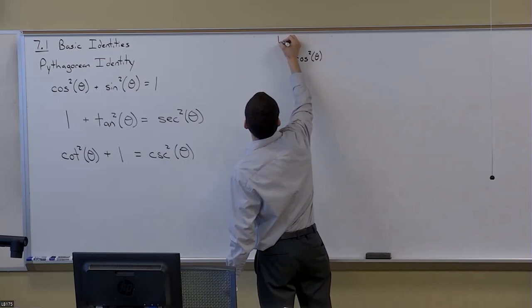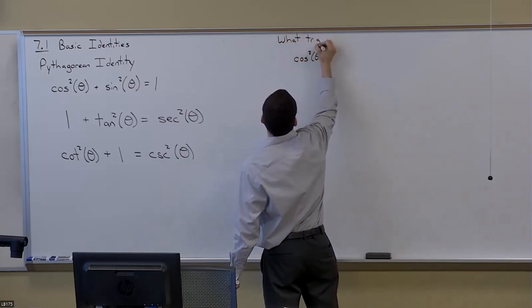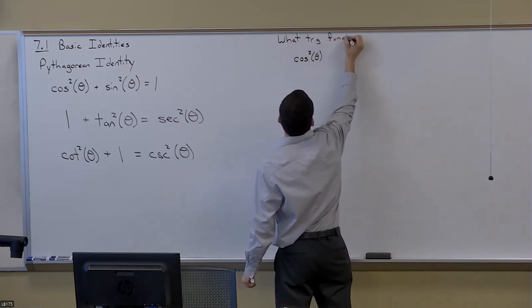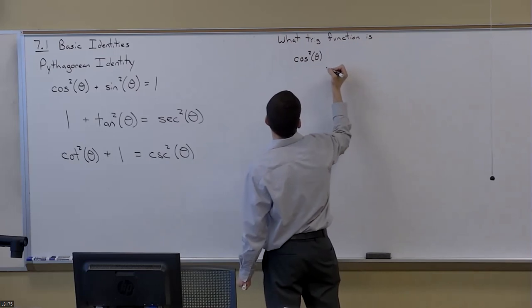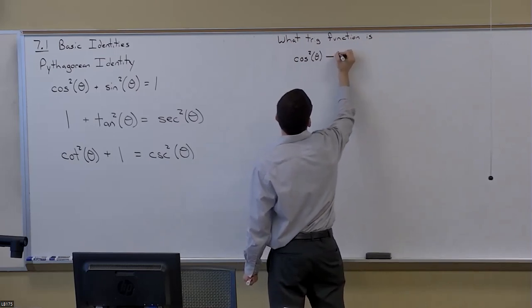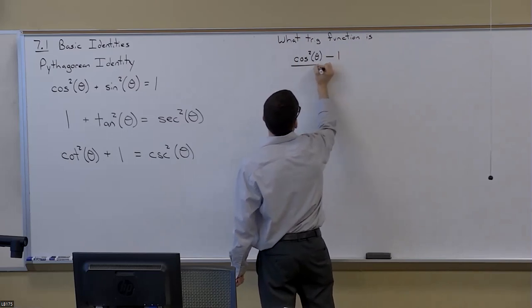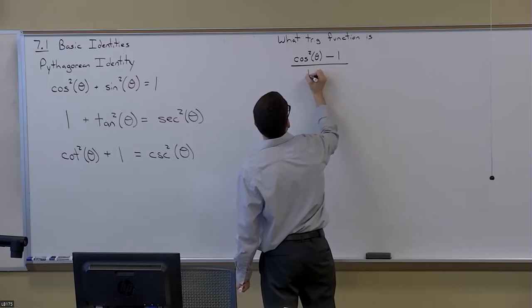Let's find out what trig function is the following expression. Let's take cosine squared minus 1, divided by tangent.